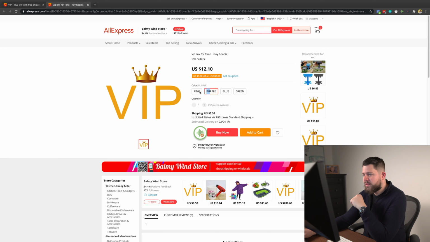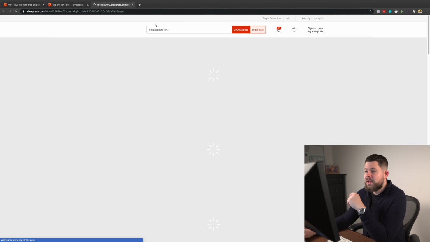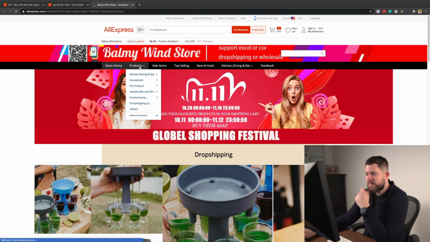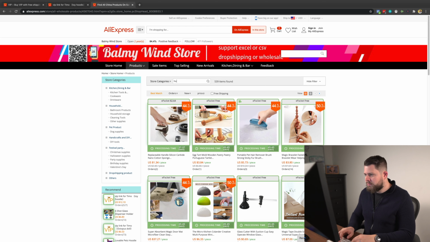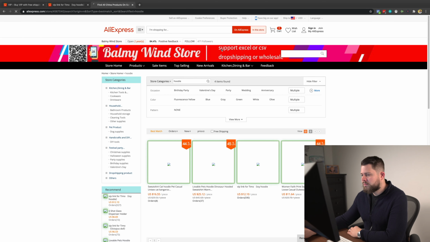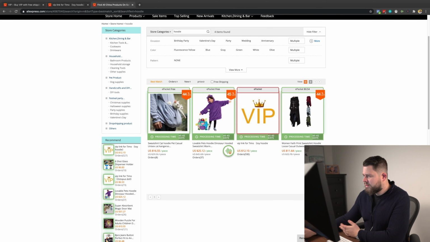There's some blue, green, purple, pink, and they say toy hoodie. Well, that should be easy to find, right? Yeah, and this looks like something like a toy. So it could be this one, the Timo toy hoodie.